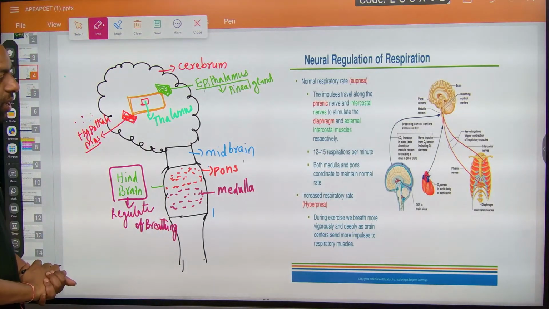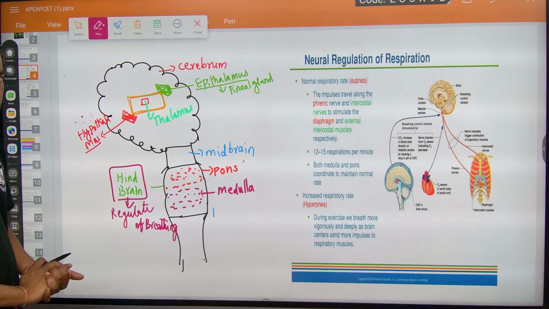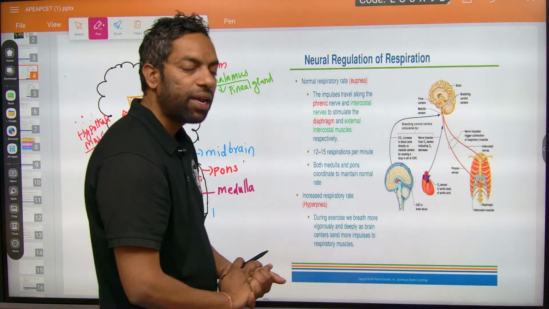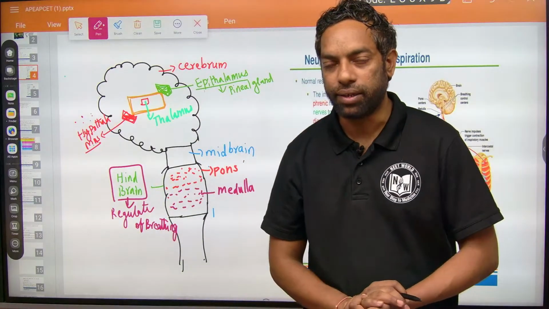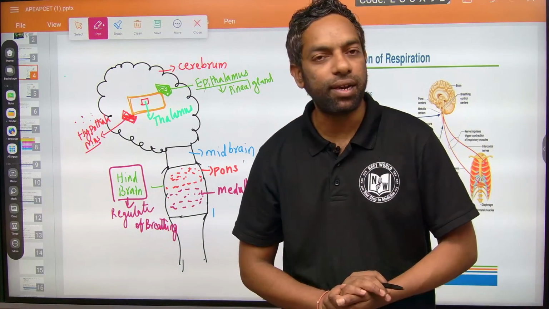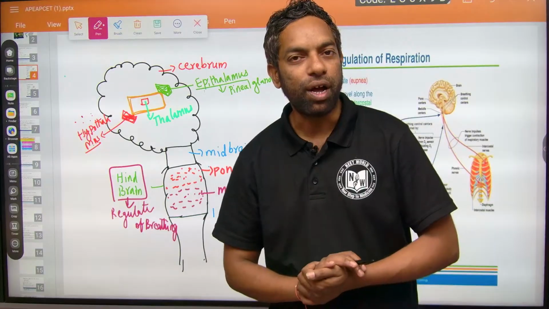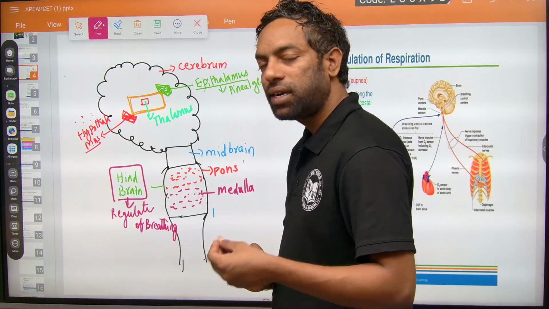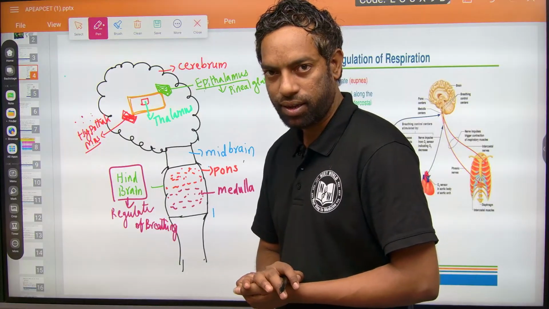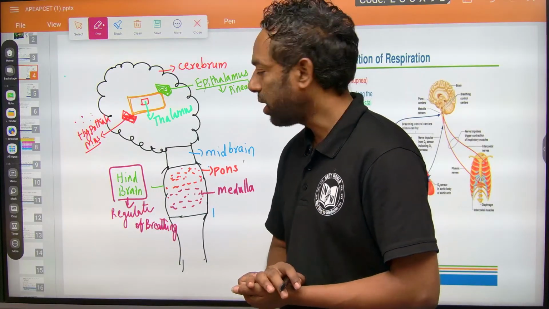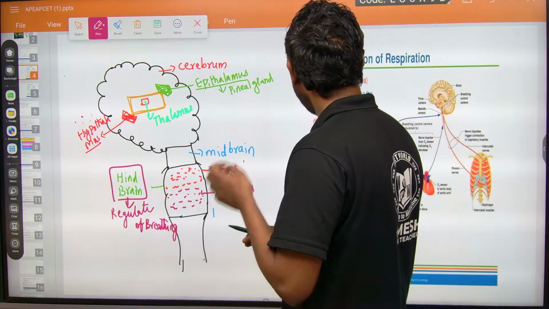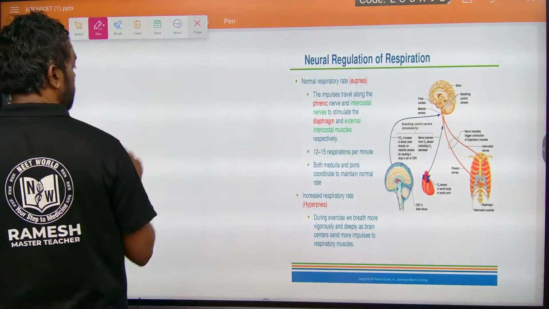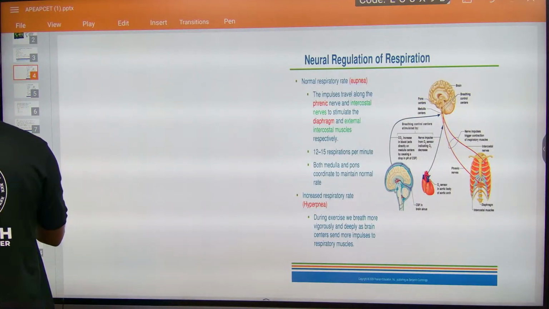What is breathing? Breathing is nothing but inhalation and exhalation: inhalation of oxygen-rich air and exhalation of carbon dioxide-rich air. So what are the parts involved in breathing, and who can regulate it?